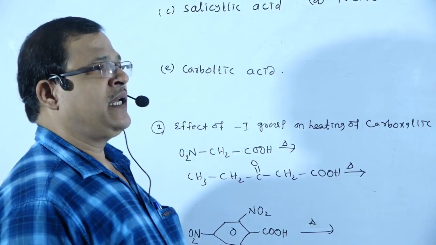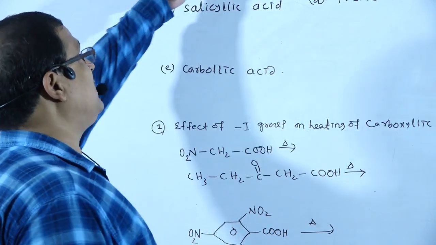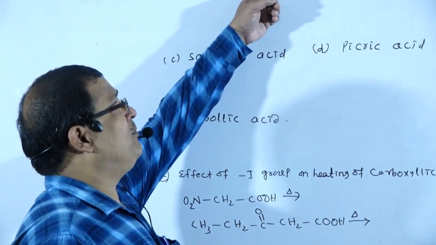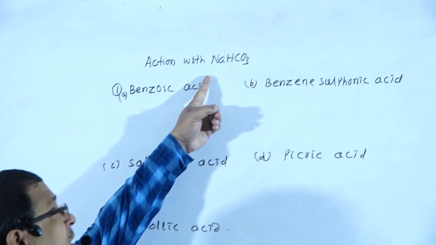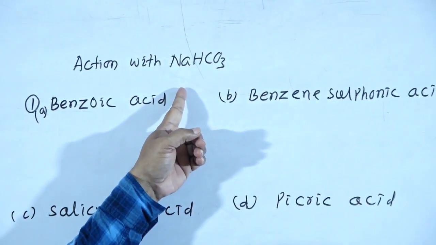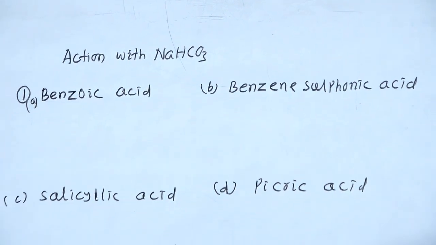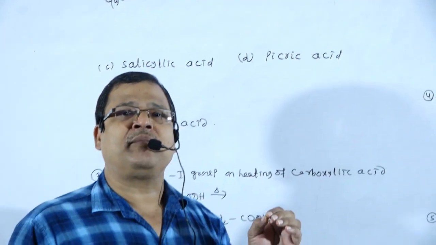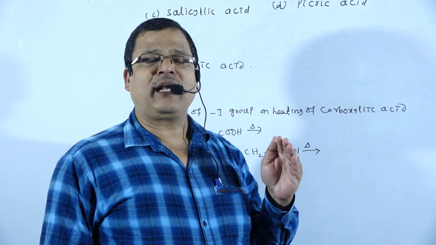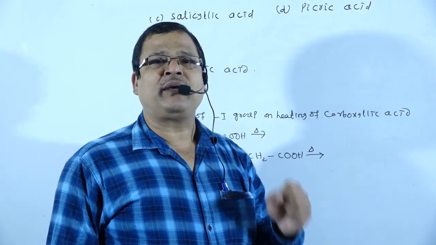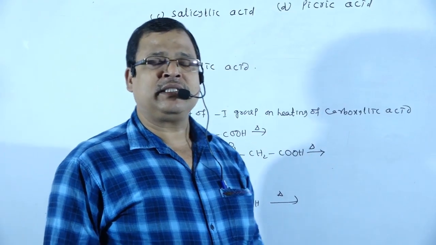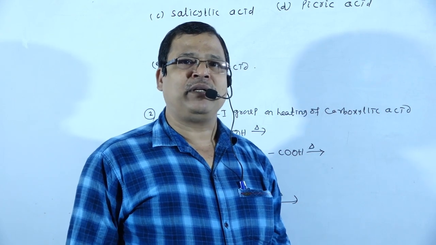So the first reaction is the action with sodium bicarbonate. In the last class I explained how to distinguish between phenol and benzoic acid, and also the acid strength of benzoic acid and phenol.